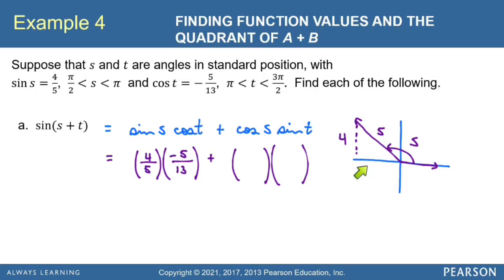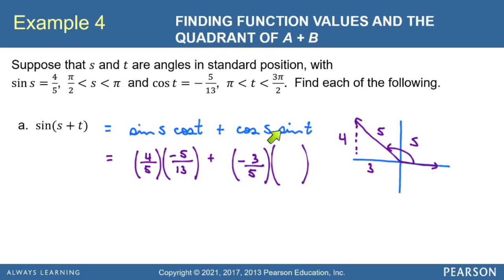So now I recognize this as a 3, 4, 5 triangle, but if you didn't recognize it, you would just use the Pythagorean theorem to subtract the squares and find the length of the horizontal side. Now, I need to use this to find the cosine of S. So, since it's a quadrant 2 angle, I know that the cosine value will be negative, and it will be x over r, which is negative 3 over 5.